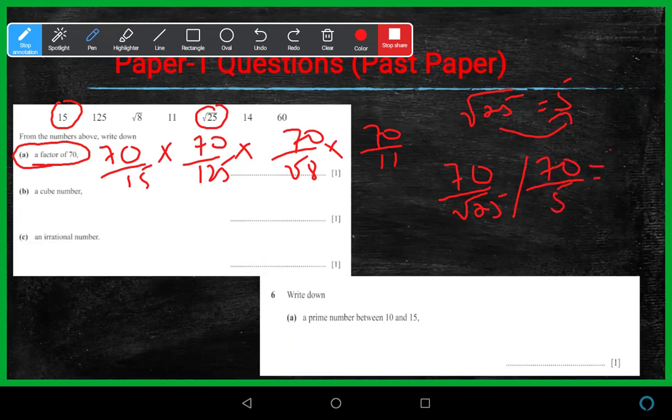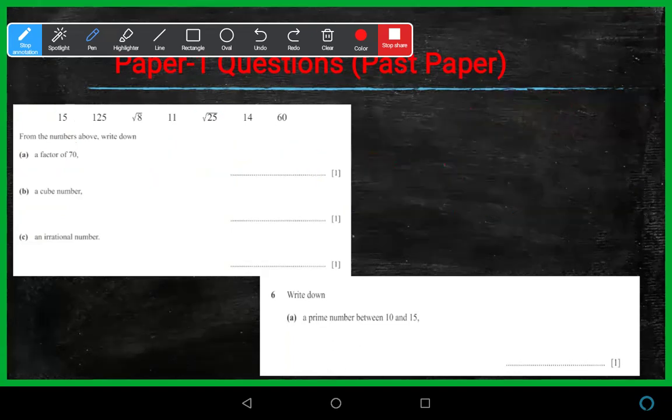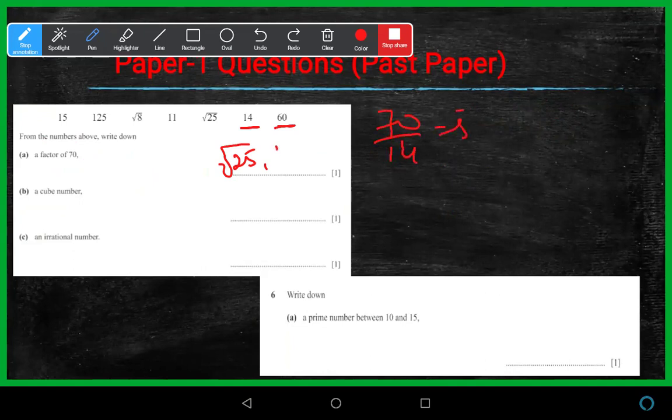So this means root 25 is a factor of 70, and we have to check these two numbers as well. 70 divided by 14 is 5. This means 14 is also a factor of 70, and 60 is not a factor of 70. So the answer of the first part is root 25 and 14.